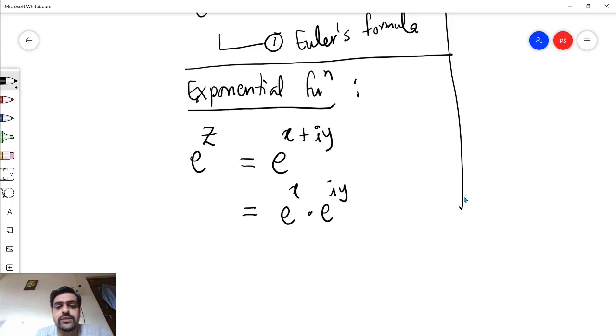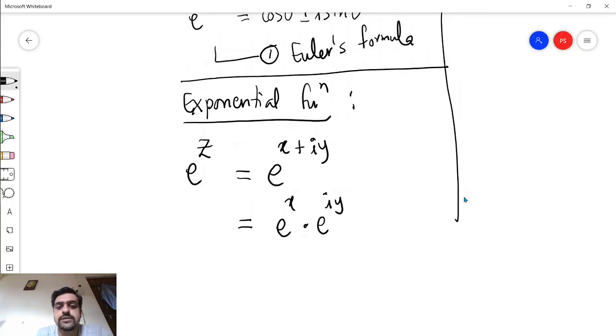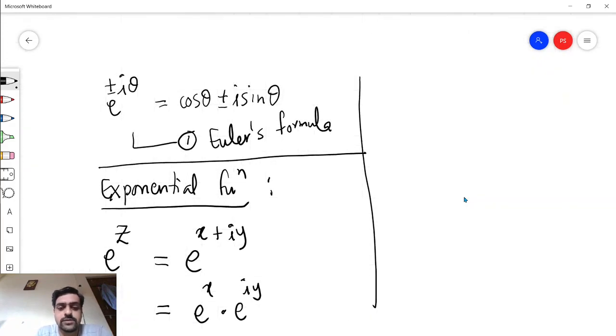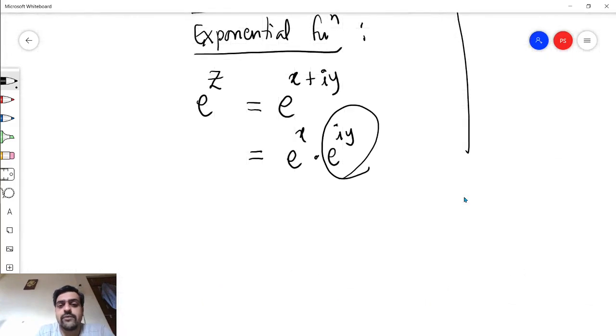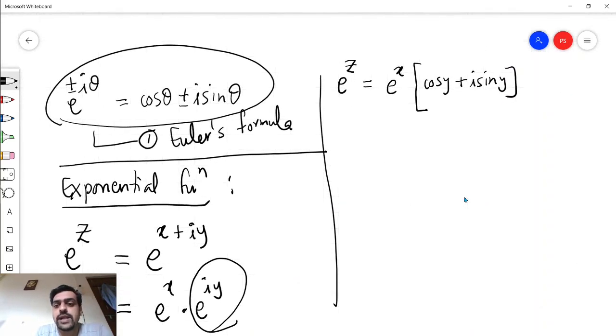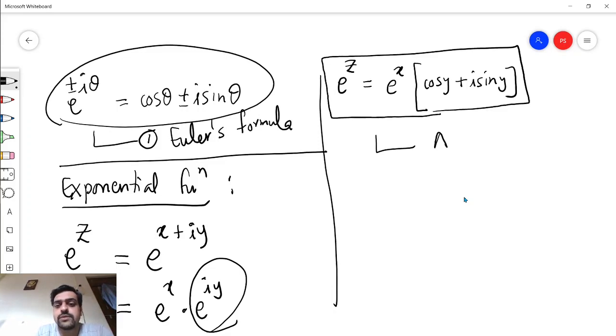In this equation, we will use equation 1 and write it as e raised to z equal to e raised to x into cos y plus i sin y. So instead of e raised to iy, using equation 1, we have substituted it as cos y plus i sin y. So this is a way in which we can solve exponential functions involving complex numbers.